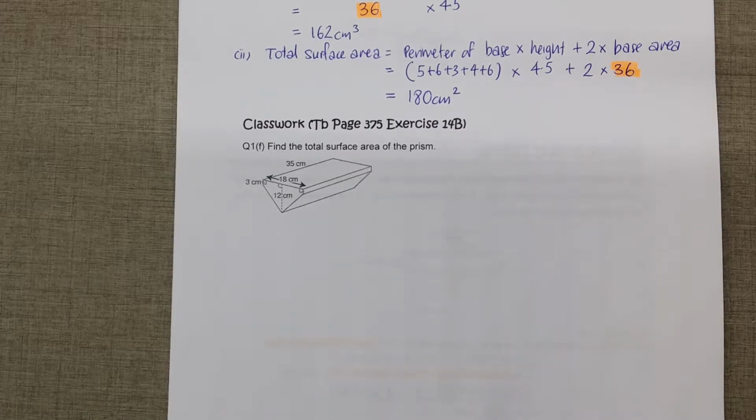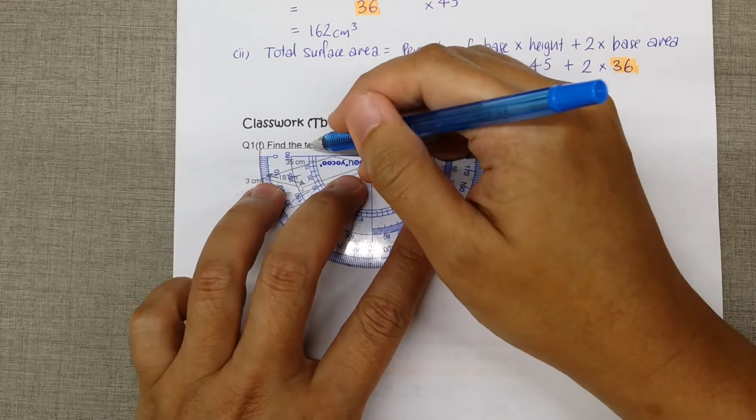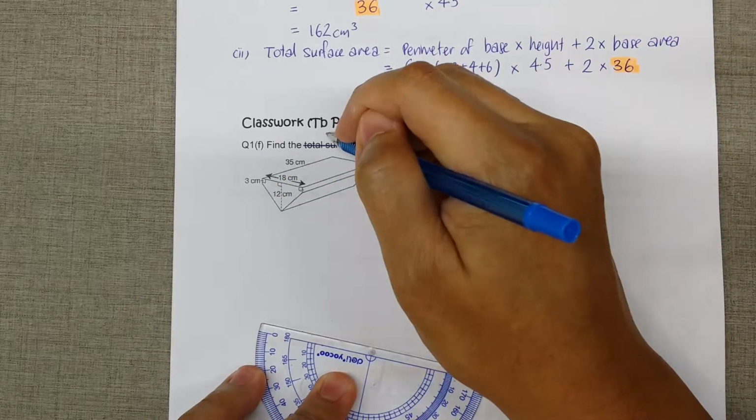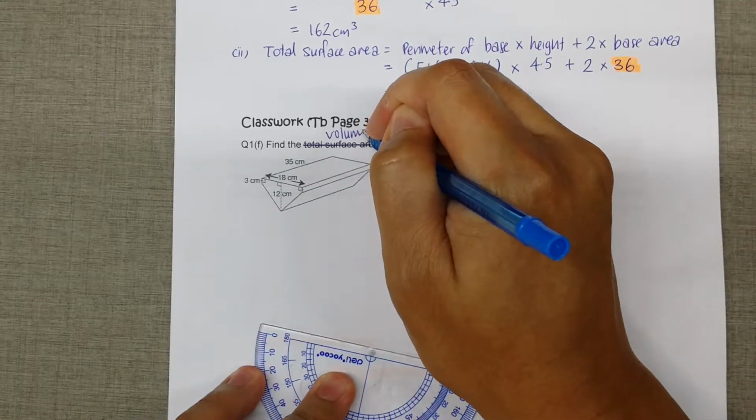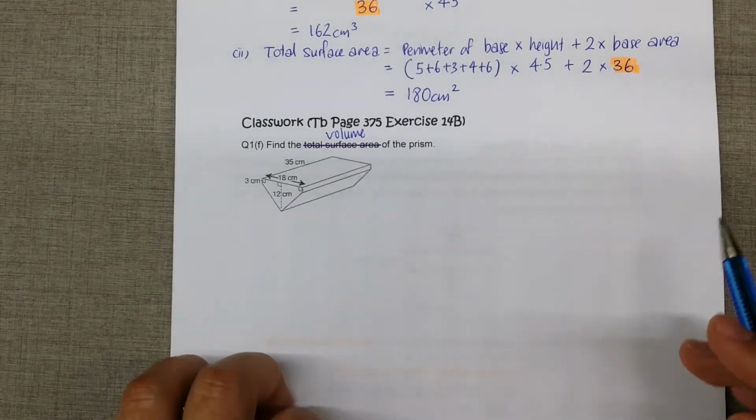It makes more sense to find the volume instead. In this question, there's not enough information to find the total surface area.